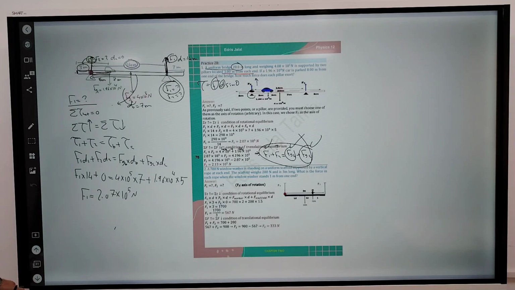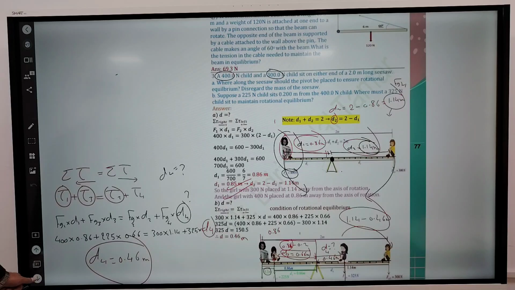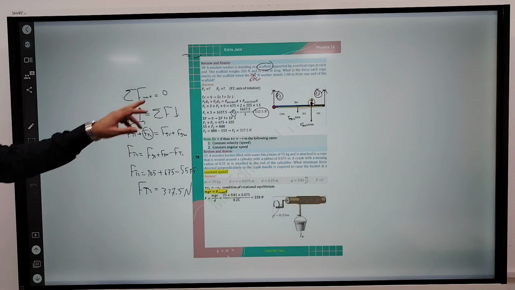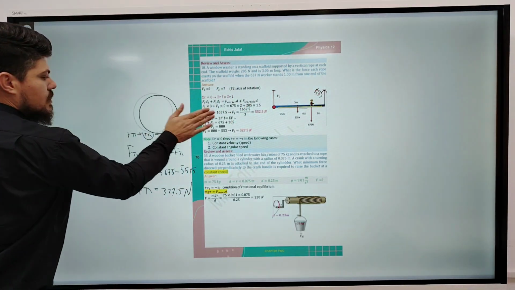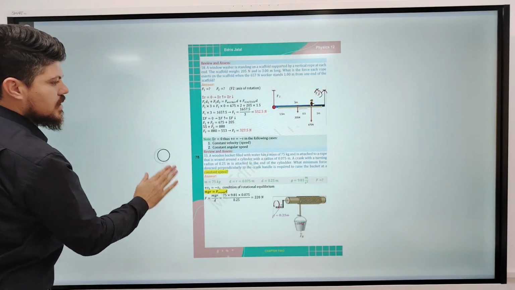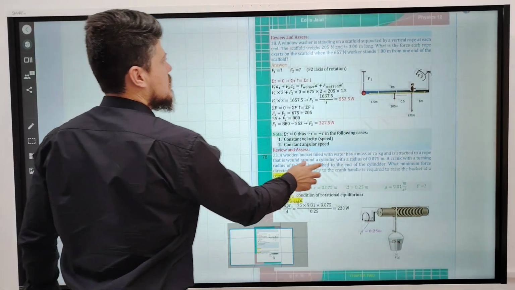Another question in the chapter review. Yes, we solved question 18 already, and now you are going to solve question 33.